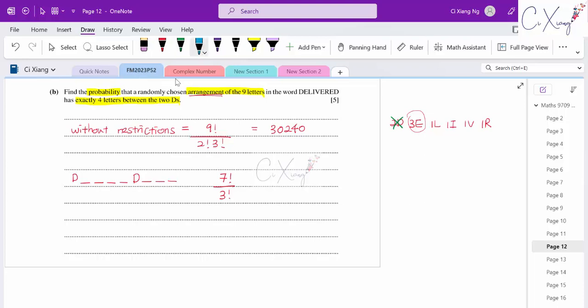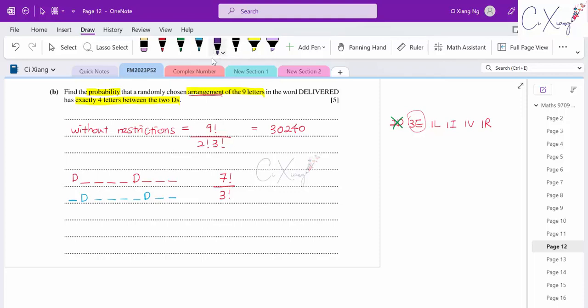But you can see also, if we try to consider whether there are any other possible cases where we have 4 letters between two D, it can also happen where I have the D at the 2nd position and also the 6th position. So when the D is at the 2nd position and the 6th position, I'm having 4 letters between the two D, and I am also going to freely arrange the 7 letters. So to freely arrange the 7 letters, I have another set of answer where 7 factorial divided by 3 factorial as well.